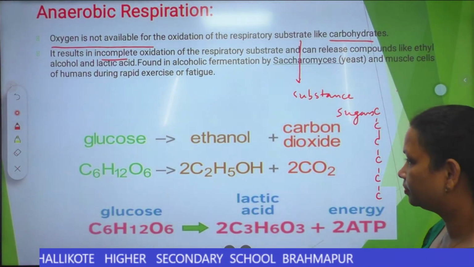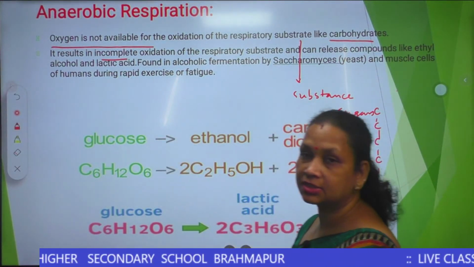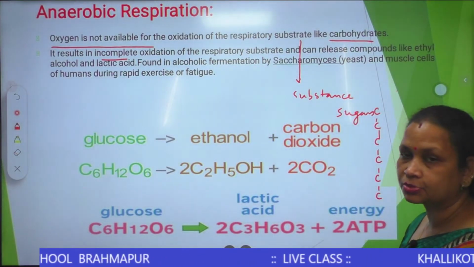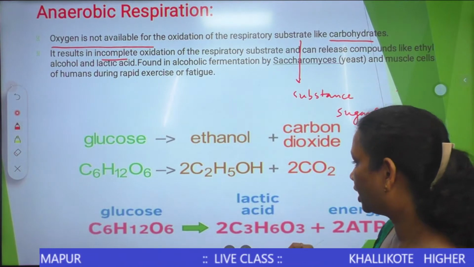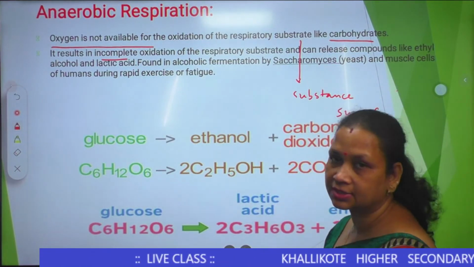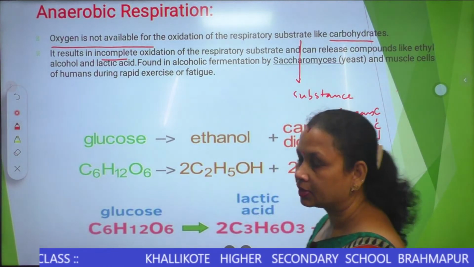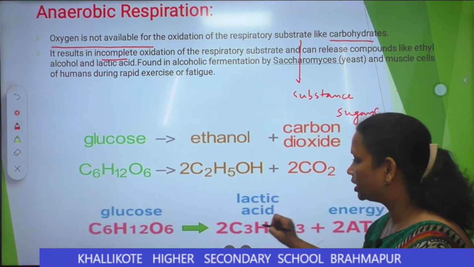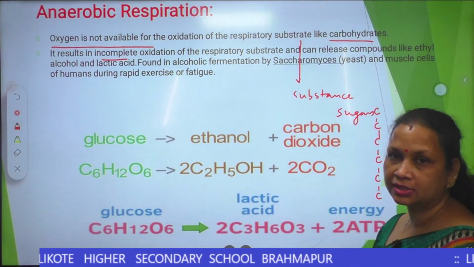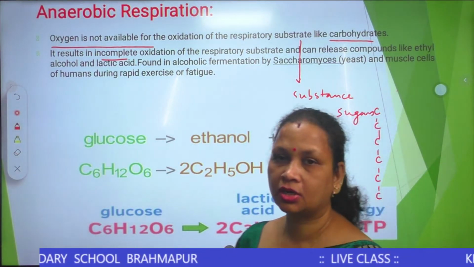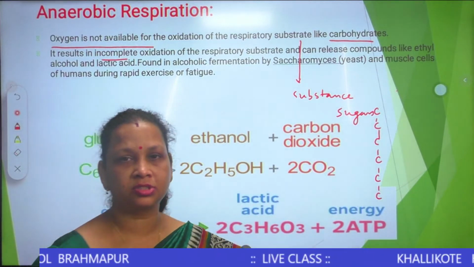For example, one is alcohol-releasing anaerobic respiration, or fermentation. The other is where lactic acid is released. These two compounds, alcohol as well as lactic acid, are a result of partial breakdown or partial oxidation of the glucose molecule.